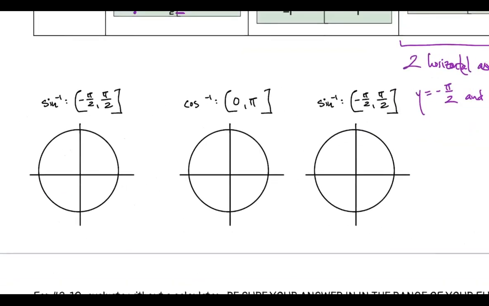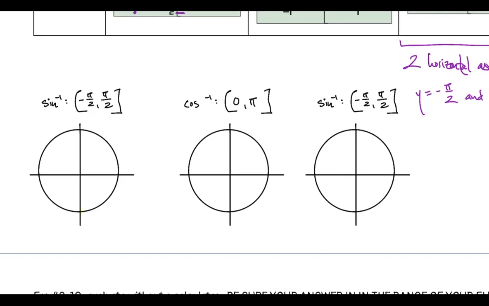Yeah, right. We talked about how to find those negative angles, and this is another case where we might need to look for those negative angles, right? We go to the positive version of it, which is up here, and then that negative means we reflect it down here, okay? And so if I want to find the angles from negative pi over 2 to pi over 2, I start counting at negative pi over 2 and I stop counting when I get to pi over 2.